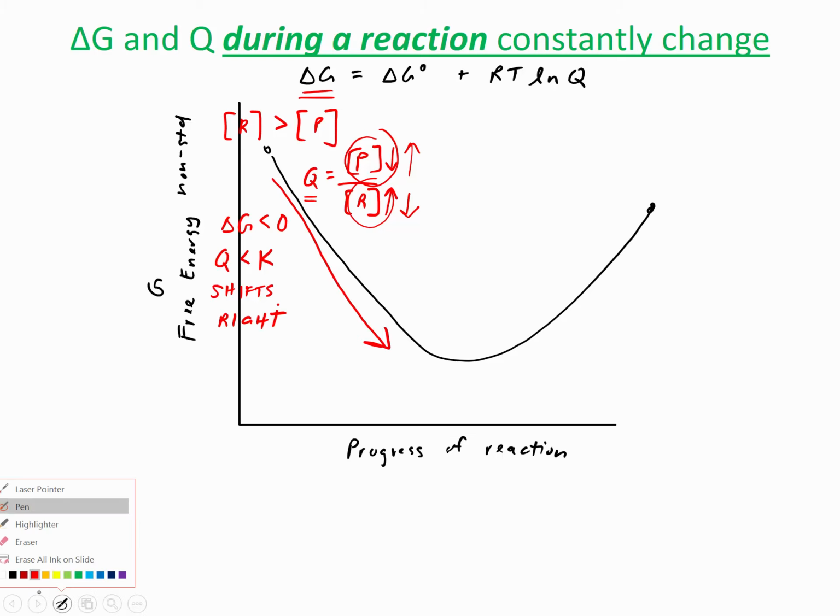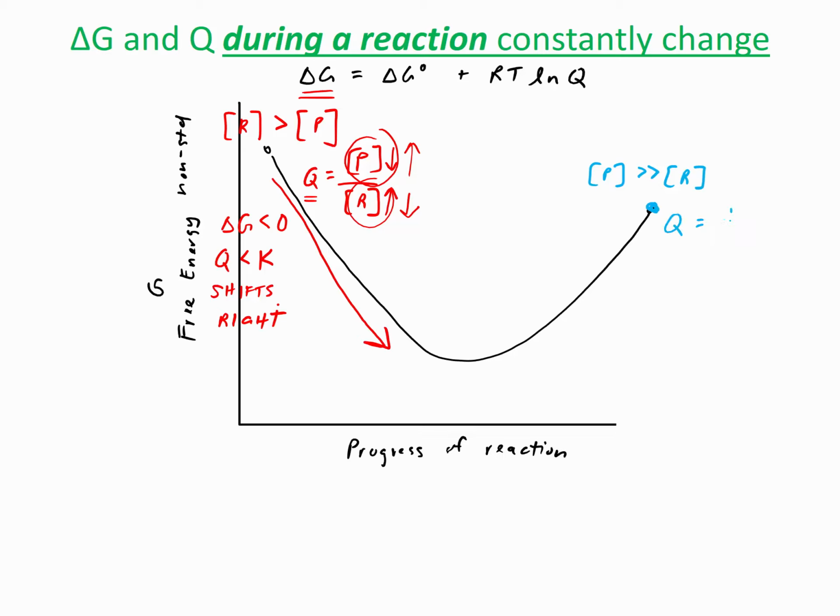So this over here is the other extreme. This is if you have way too much product, way more than your reactant. If we look at Q, we have product over reactant, so this number will be way too big and this number is too small.